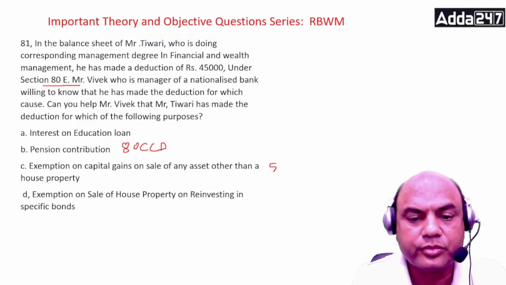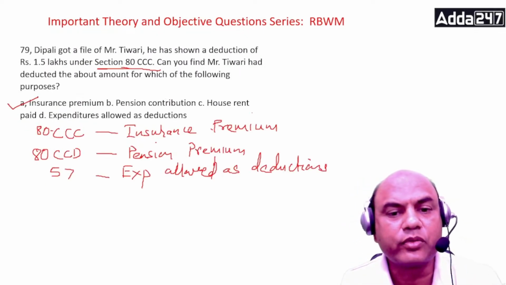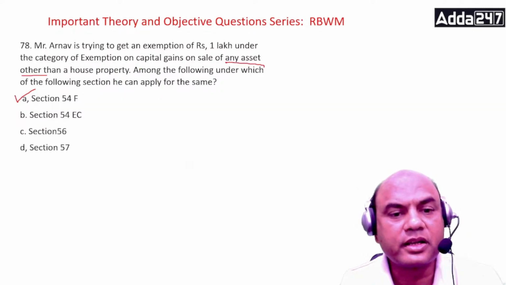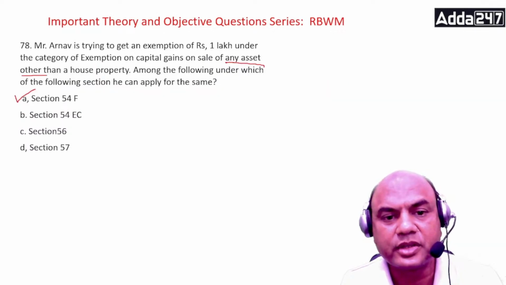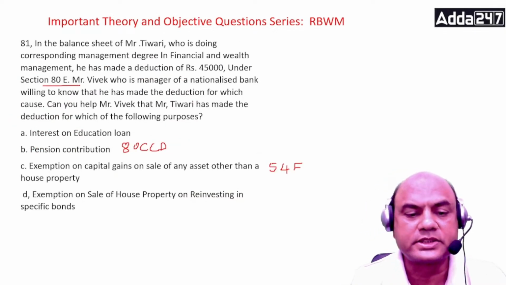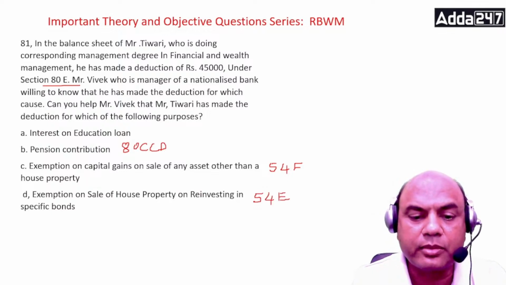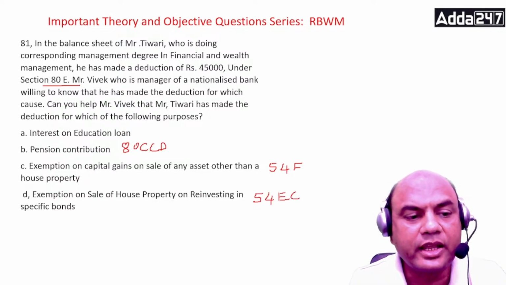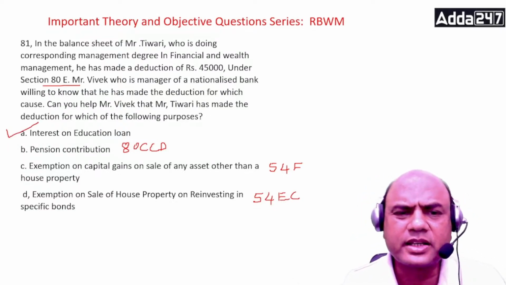And reinvesting in the bonds, that also we just saw, that is 54EC. So now what remains? Education loan. So 80E is for interest on education loan. So that is the answer. Move on.